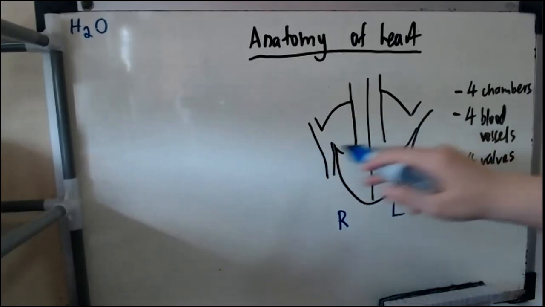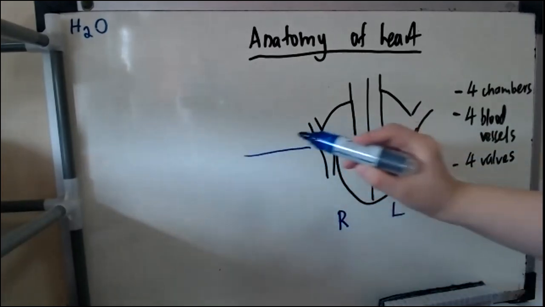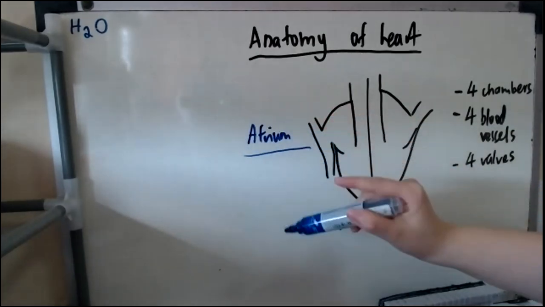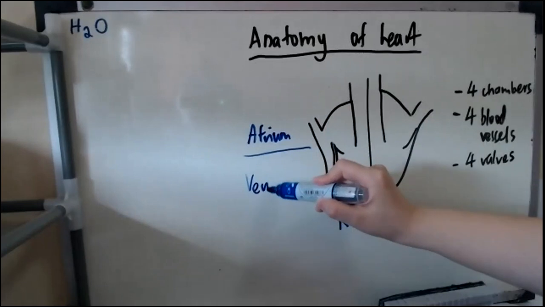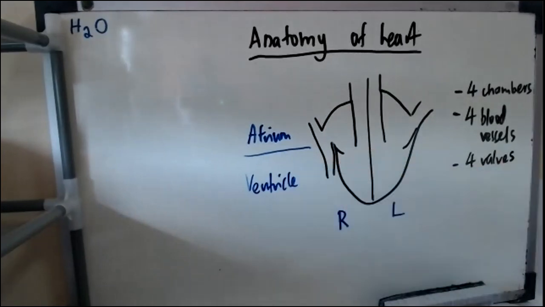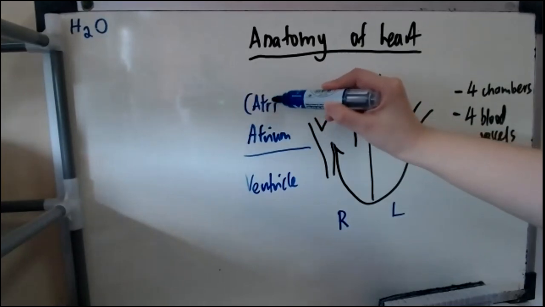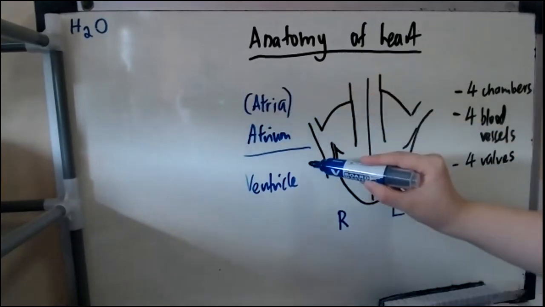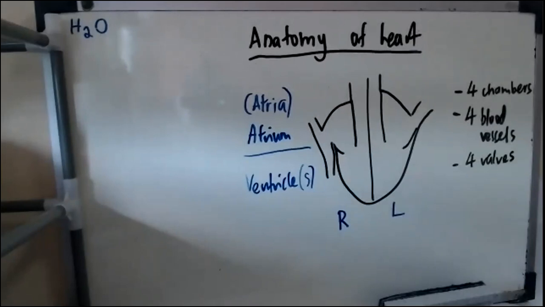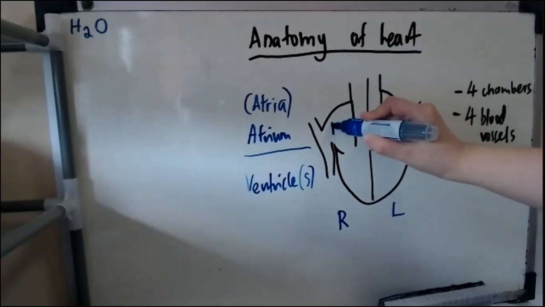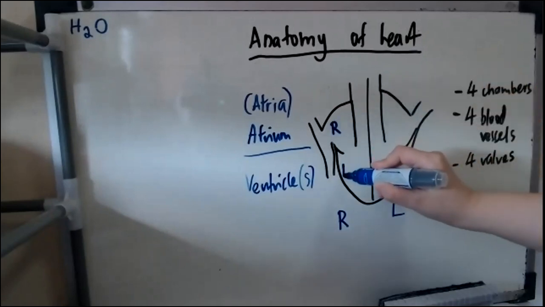And then the top region of the heart we call atrium. The bottom region we call ventricle. The plural form of atrium is atria. The plural form for ventricle, you just add an S. Now you almost have all of them already. I'll label this chamber as right side, right, and right.